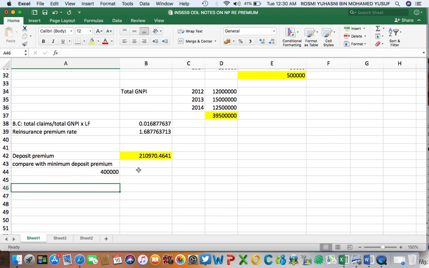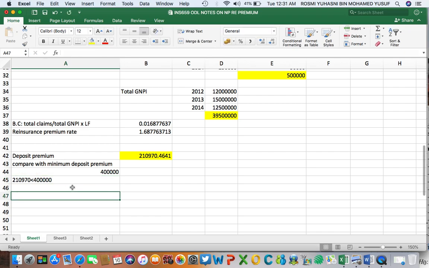And from the calculation that we have just done, the deposit premium is 210,970, meaning that 210,970 is smaller than 400,000.